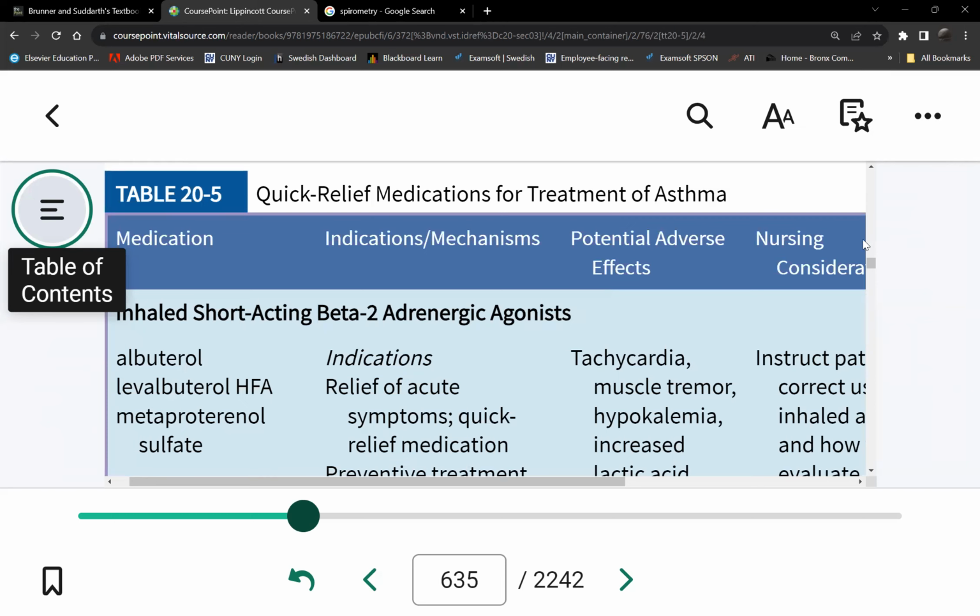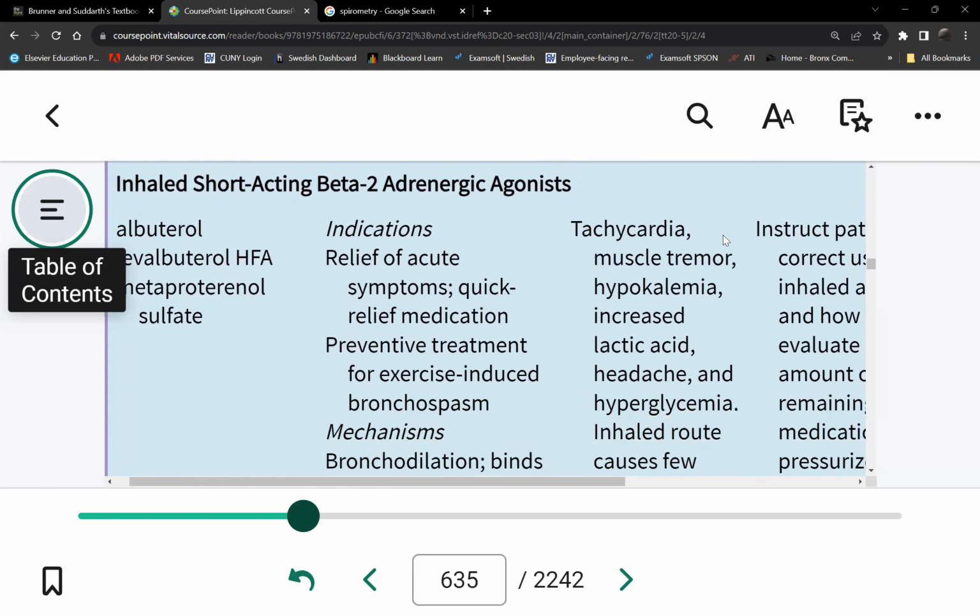So patients will either have a metered dose inhaler, a dry powder inhaler, or nebulizer. Or sometimes they'll be on all three forms. The rescue medications are emergency drugs. First one is albuterol. It also comes in levalbuterol.